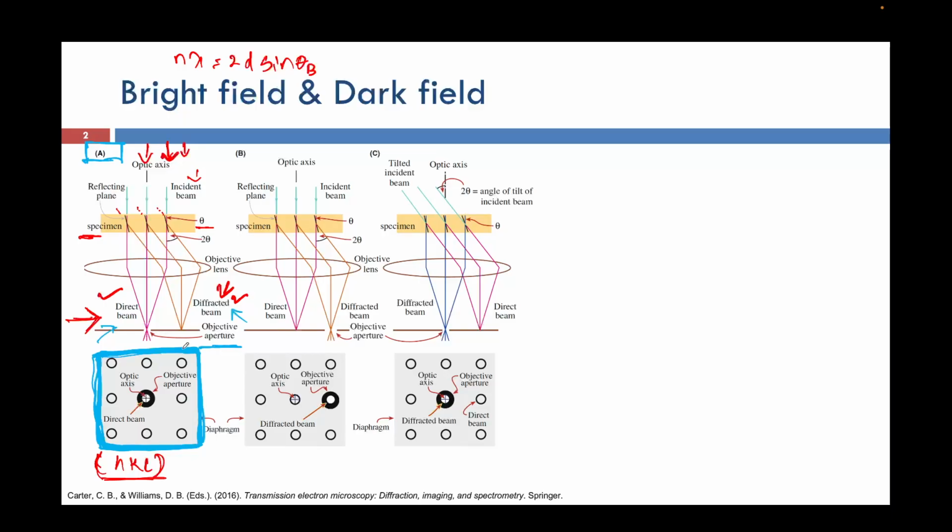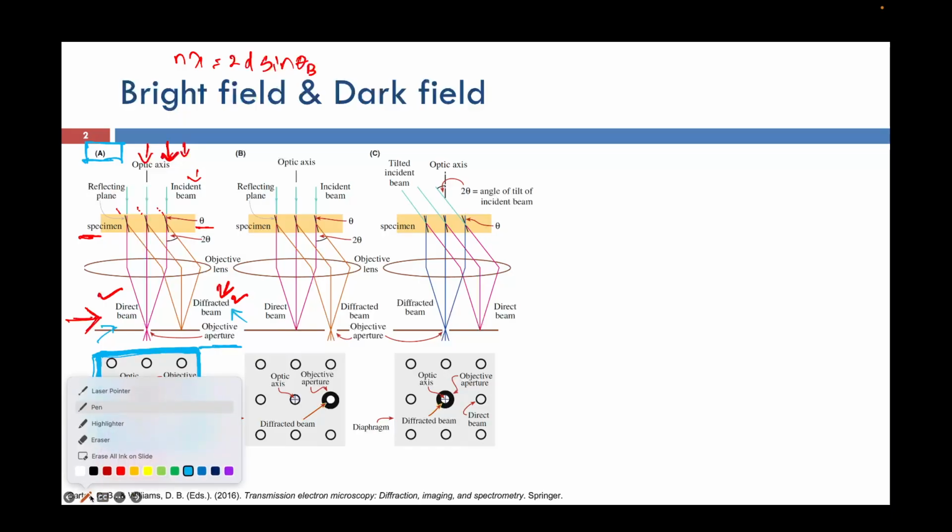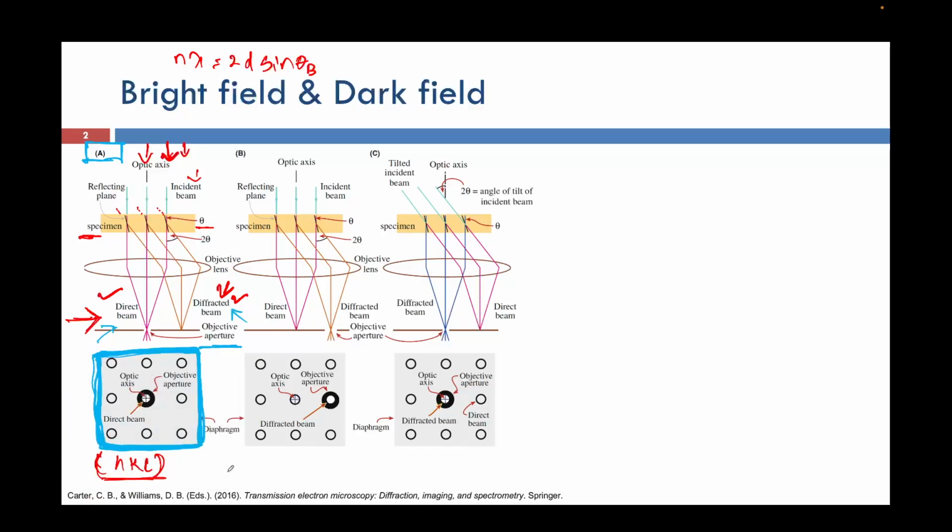Why will you get a dark feature? Let's say there is a round structure in my material. This round structure is giving a diffracted beam, and that diffracted beam is not able to pass through the aperture.